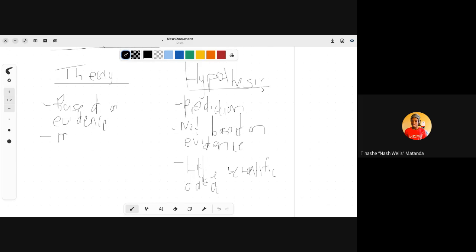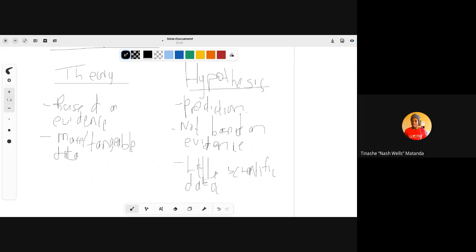So here it's actually based on more tangible data. When we're saying tangible, I'm talking about something that I can actually see. It's based on tangible proof. As long as I'm able to see that, that is the idea and that is where you came up with this, then I can say, oh, this is a theory.